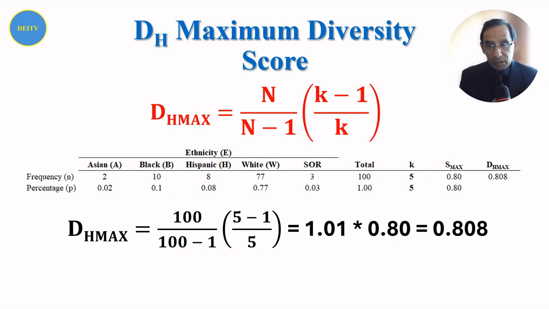And recall that the maximum score for ethnic group for the Simpson score is 0.80. And again, that's going to be 5 minus 1 divided by 5. That gives you 0.80. So the maximum score that is obtained for the Hurlbert index is slightly larger than the maximum score obtained for the Simpson score.